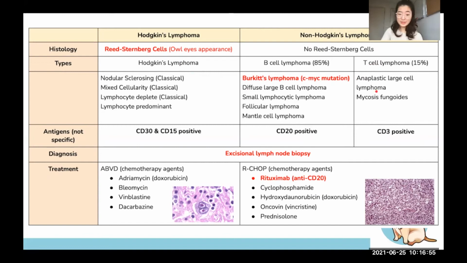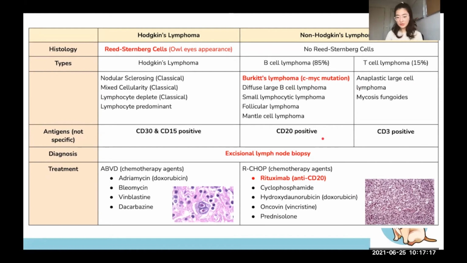In terms of what you need to know, make sure you know Burkitt's lymphoma. That's a non-Hodgkin's one. It falls under the B cell lymphoma category, and it's due to a c-MYC mutation. That's pretty much all you need to know. In terms of antigens, the main one that comes up quite frequently is CD20. CD20 is specific to B cells.